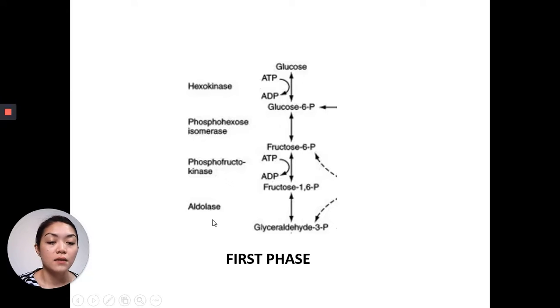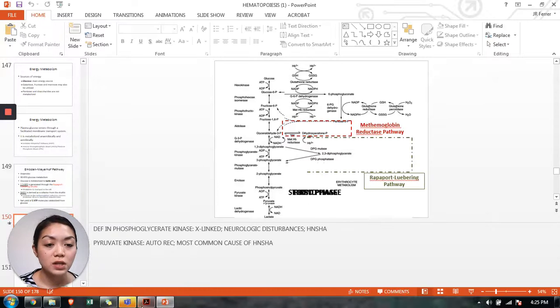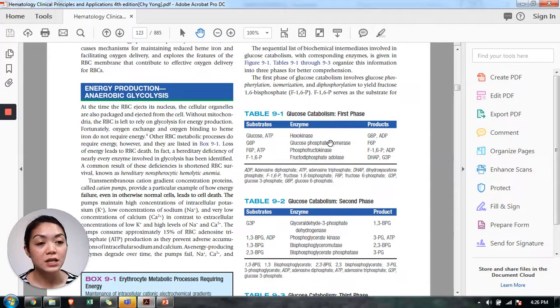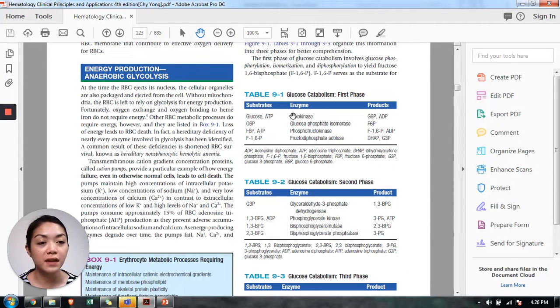If you check this in our textbook, we have the summary in table 9-1 for the first phase: the enzymes involved, their substrates, and their corresponding products. Among these enzymes, the 2 most important ones are hexokinase and phosphofructokinase.